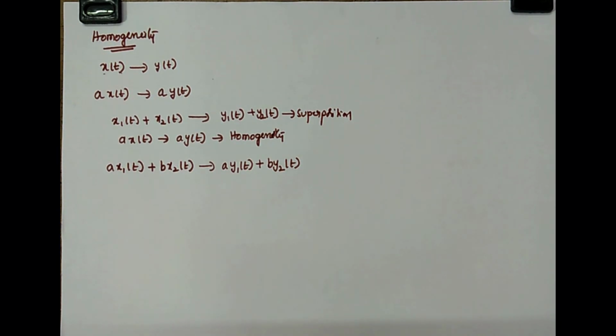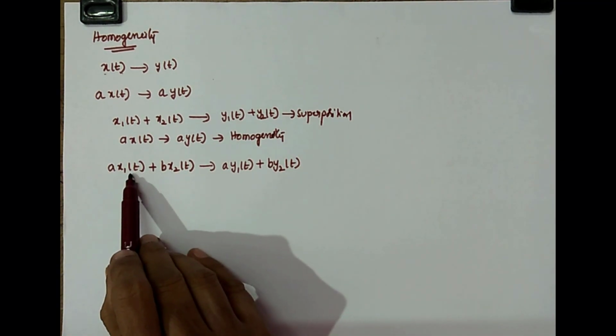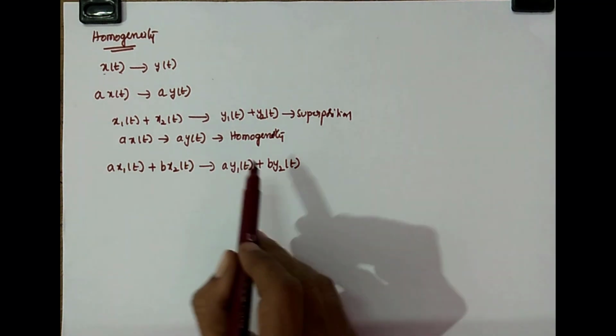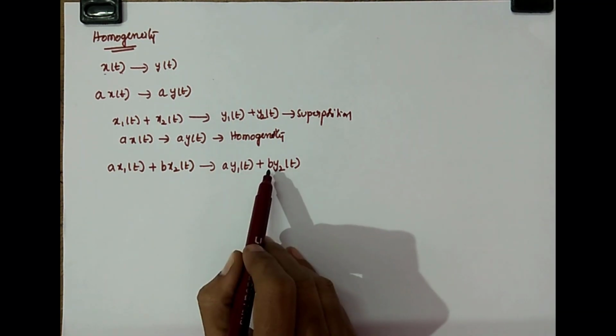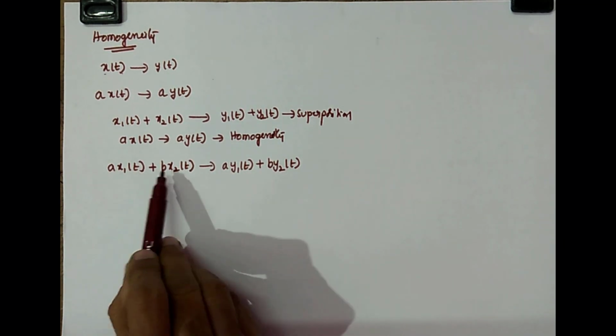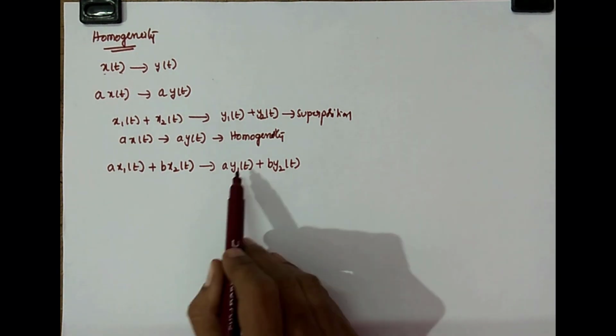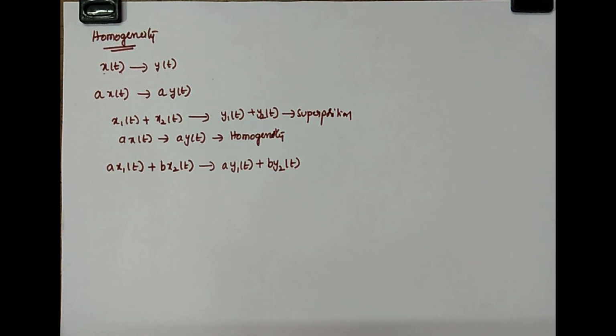Means the system is said to be linear system. See here, there exists sum of inputs and the output is sum of outputs, and the inputs are scaled by the factors a and b. Here the outputs are also scaled by the factors a and b. Okay, so this type of system is said to be a linear system.